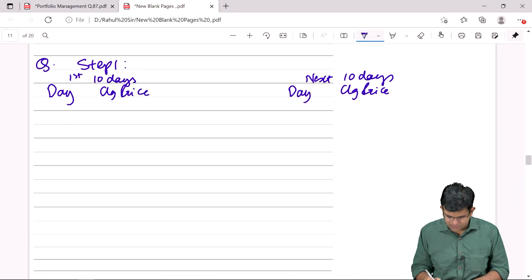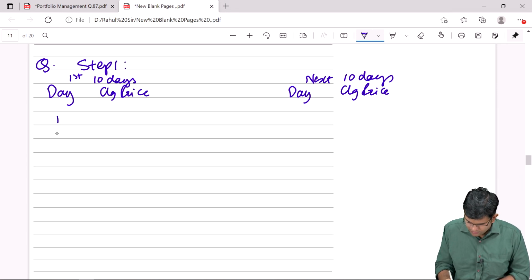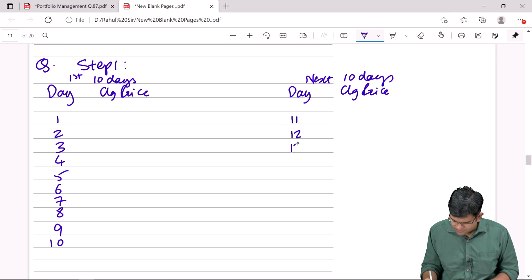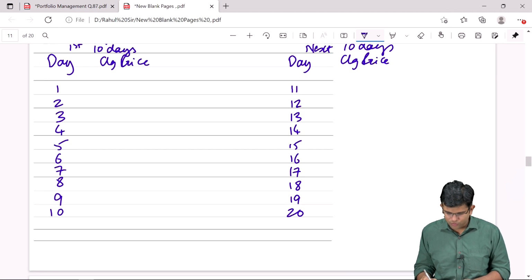Right? So now let's put the numbers. Day 1, 2, 3, 4, 5, 6, 7, 8, 9, 10, and here I'll write 11, 12, 13, 14, 15, 16, 17, 18, 19, and 20, right? Let's put the numbers.